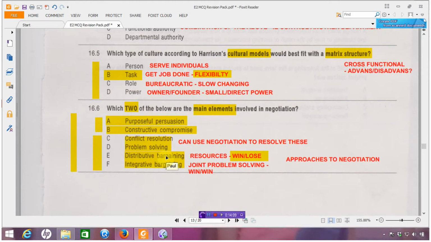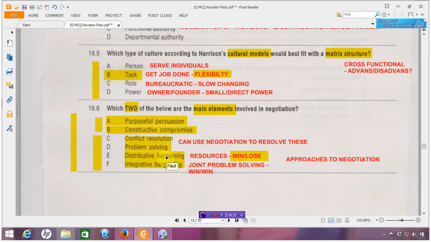Okay, and that's really distributed bargaining. In terms of integrative bargaining, what we're meaning there is that we have some form of win-win situation. In other words, the parties are negotiating and, to some extent, putting their differences aside, and really everybody wins.